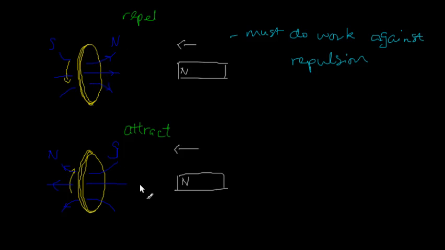But in this case, because they attract, I actually don't have to do any work to push in. Right? Assuming that I put this, say, on a very smooth table or very oily table, the attraction would just continue to pull the magnet towards the loop.